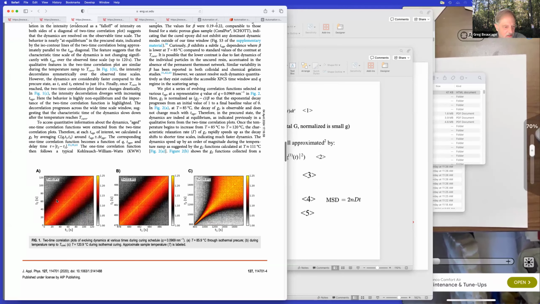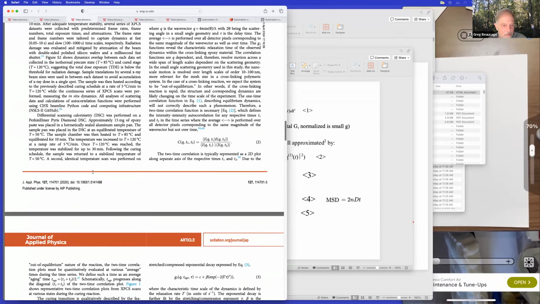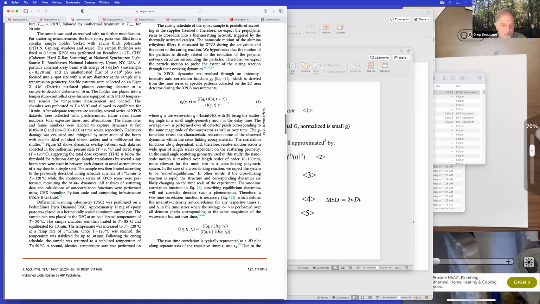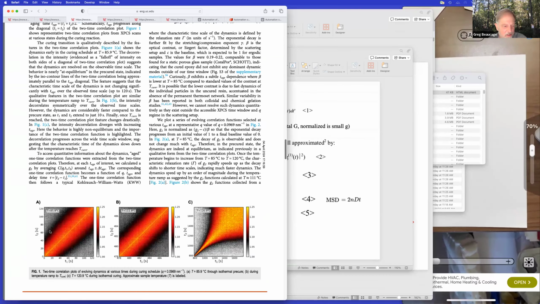Then do they correlate? The plot is of this C function, which is G2. It shows that they correlate perfectly when the two times are exactly the same, and that correlation drops as you get away from the midline. Then it goes to zero correlation when you get to a long distance away.